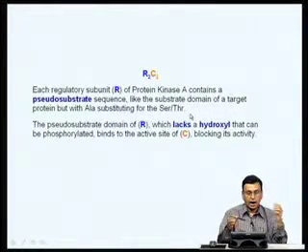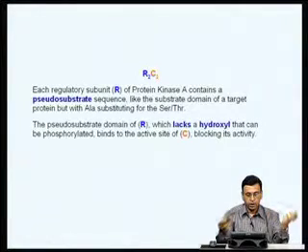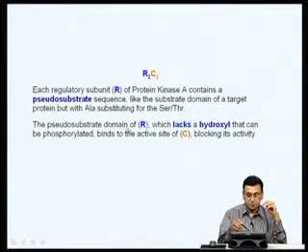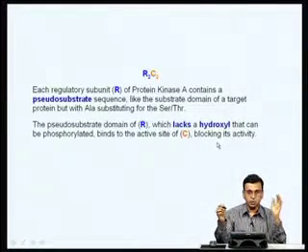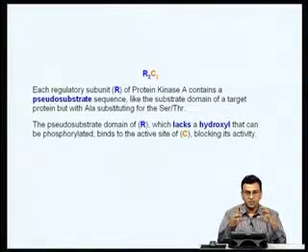As you can see, alanine cannot be phosphorylated and therefore it remains inactive. The pseudo substrate domain of the regulatory subunits, which lacks a hydroxyl that can be phosphorylated, binds the active site of the catalytic subunit, thereby blocking its activity.